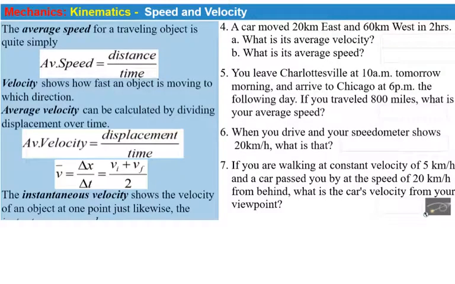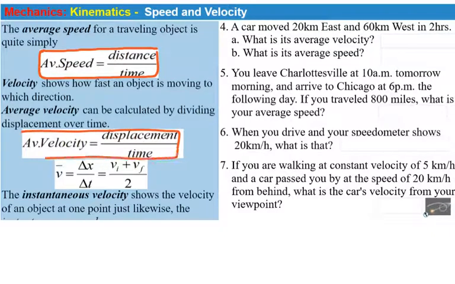I skipped a few easy questions in the previous section, but this is about speed and velocity. As I mentioned when I introduced vectors and scalars, the average speed is going to be the distance over time, and average velocity is going to be the displacement over time. You can calculate average velocity with the formulas I showed earlier.